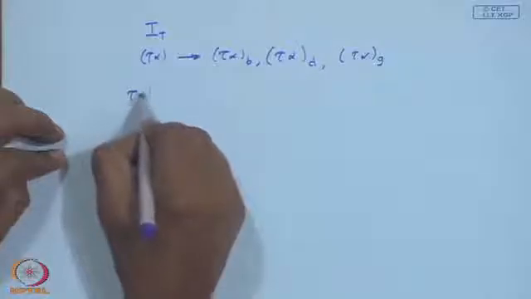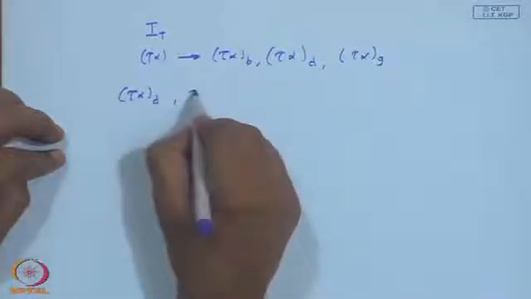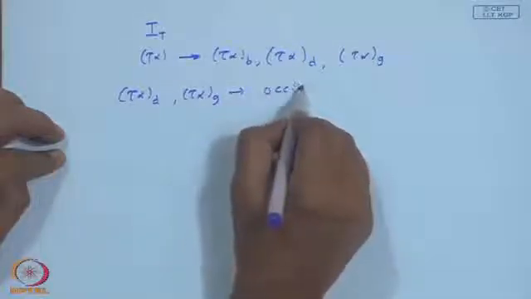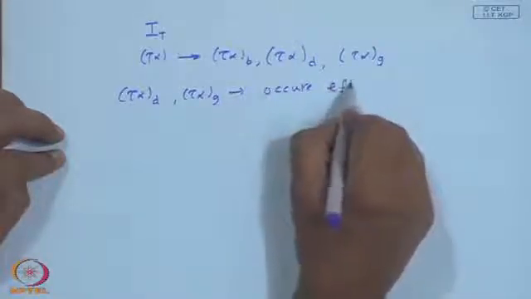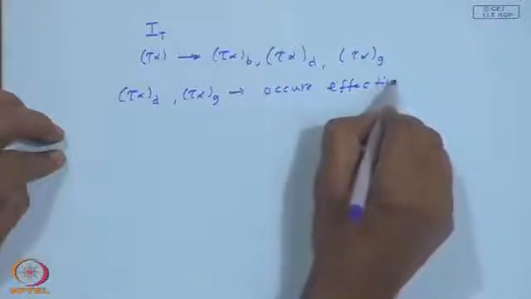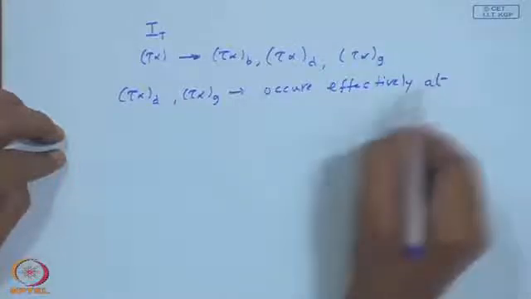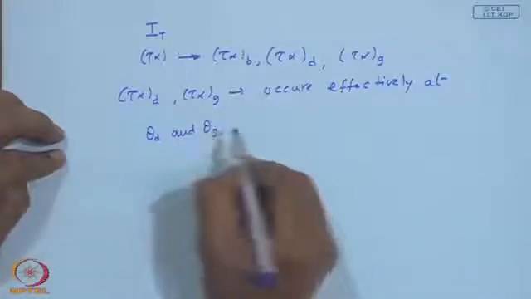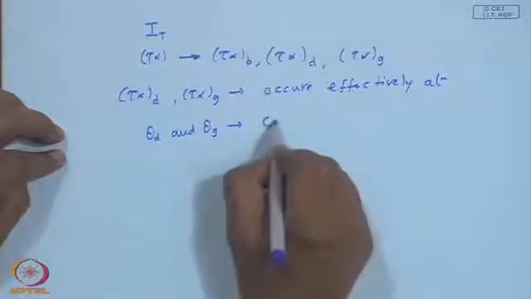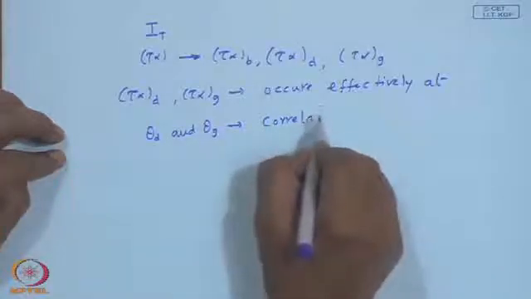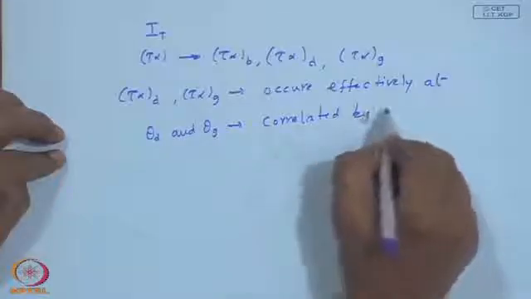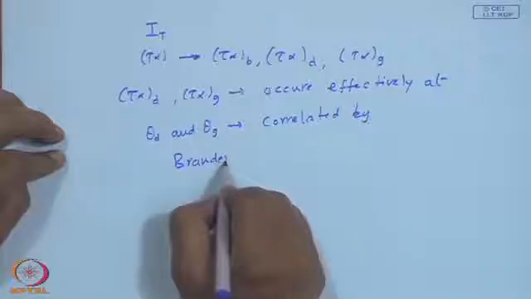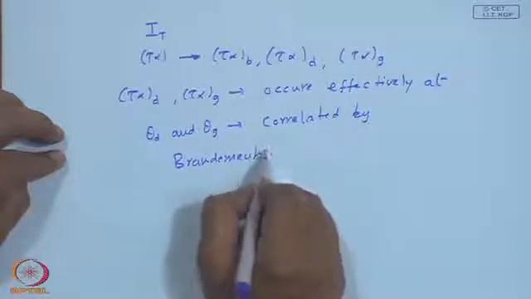This tau alpha d and tau alpha g occur effectively at theta d and theta g, correlated by Brandemuehl and Beckman.